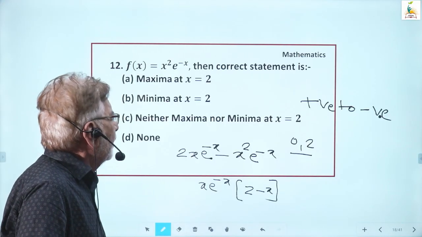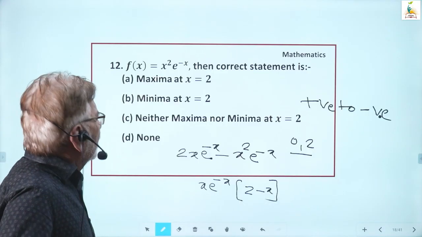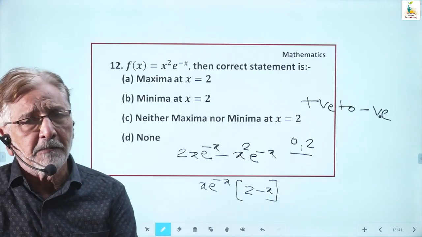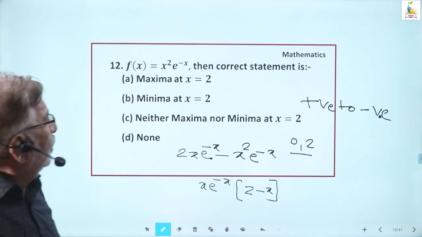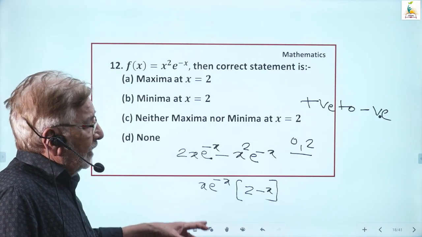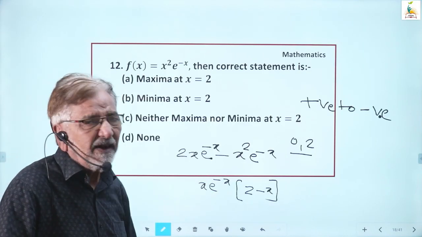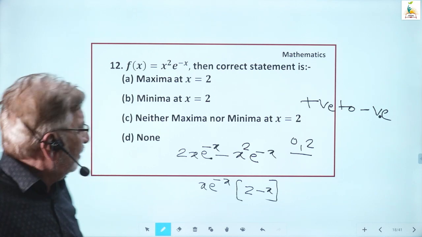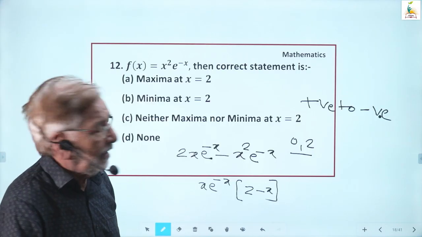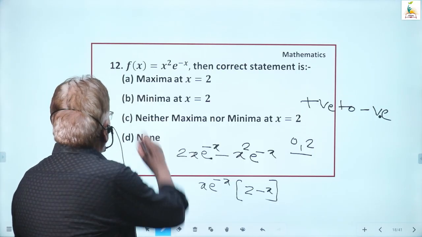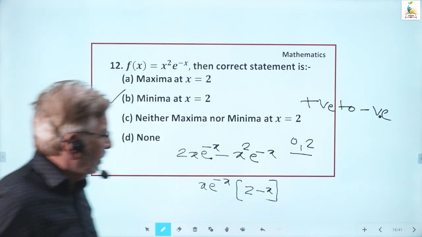If I take x e raised to minus x common, it will be 2 minus x. Though there are 2 stationary points, 0 and 2, he has only asked about 2. Left of 2 is positive, greater than 2 is negative, so maxima at x equal to 2. This is a good question.